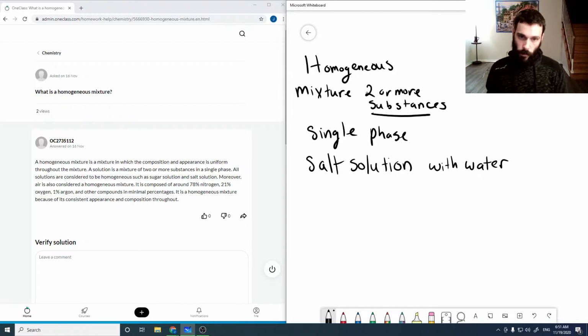So any, or sugar, air. Should put a number on this guy. Air is a homogeneous mixture of nitrogen, oxygen, and argon, and some trace gases.